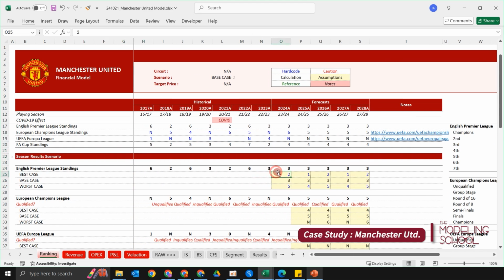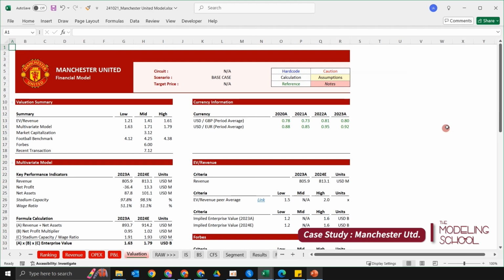And then for the projection, for the most recent years, because if you look at the valuation, actually because we're not doing a DCF for this football club, this football club is not that profitable, so running a DCF doesn't create that much club value, so we're not simply doing it.